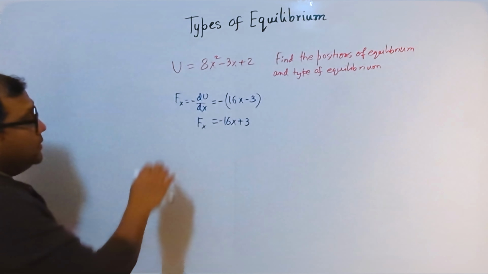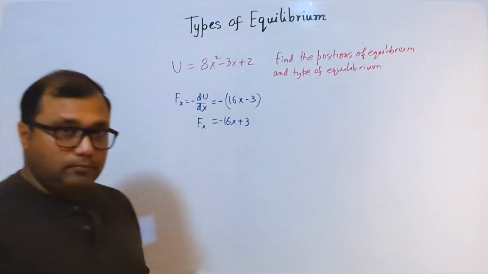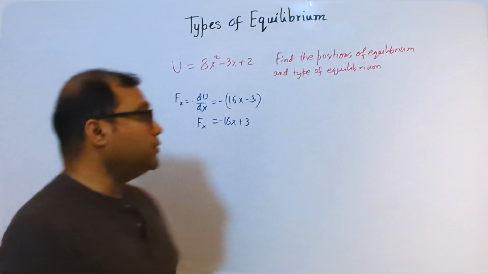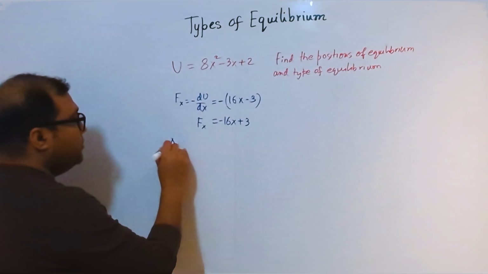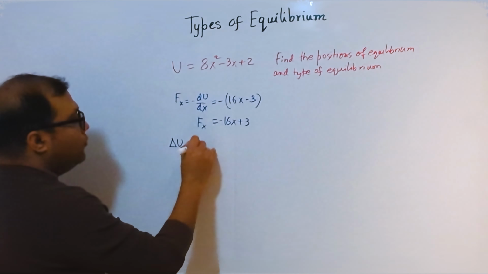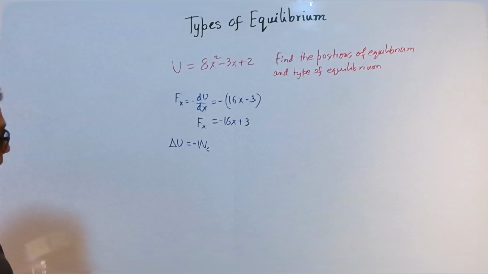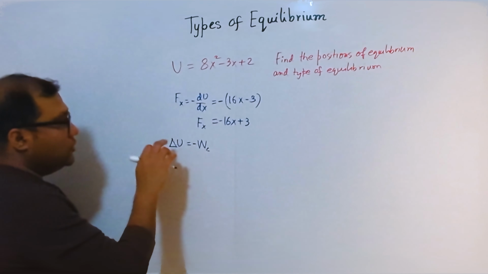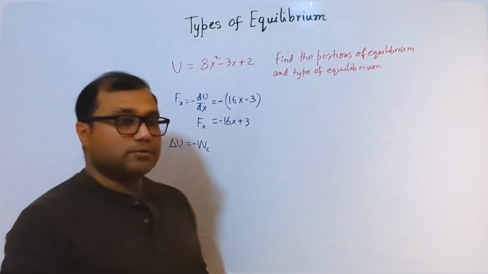Only if it is associated with a conservative force can we use this. If it was not a conservative force, we cannot use this. Why? Because potential energy is only defined for conservative forces. Okay? So it is not defined if the force itself was a non-conservative force.